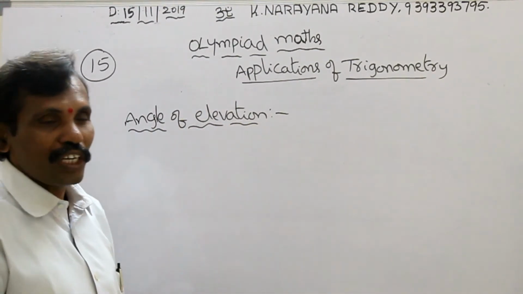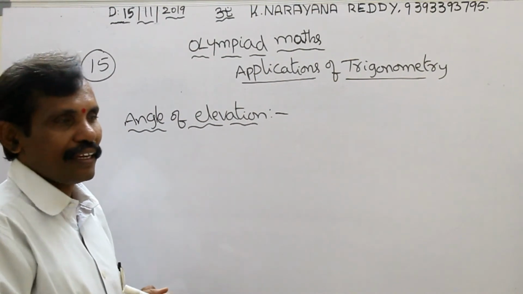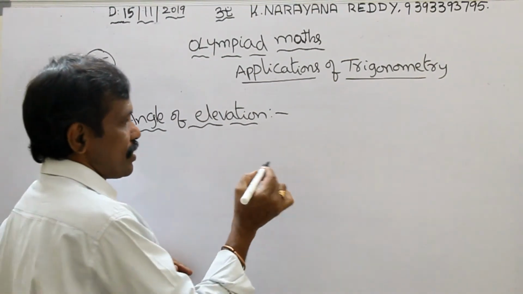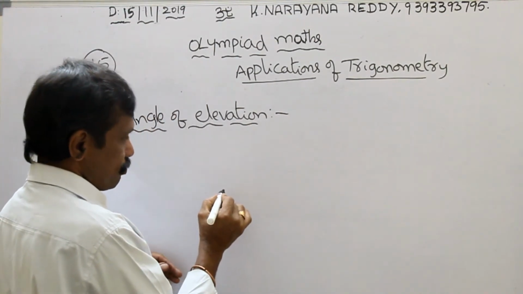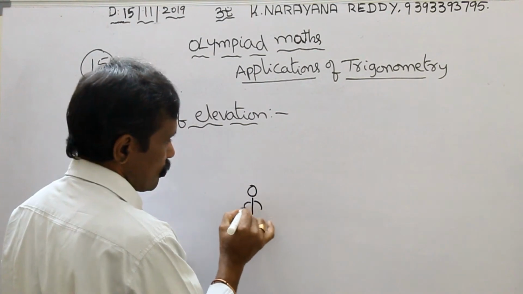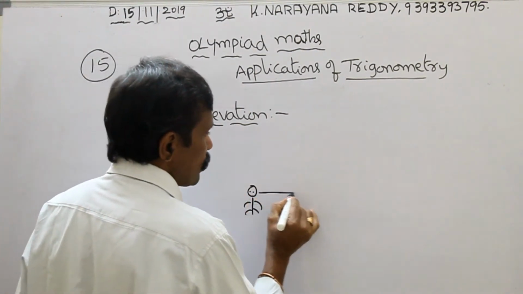See, what is meant by angle of elevation? Simple. Elevate means, for example, a person is there. This is line of sight.